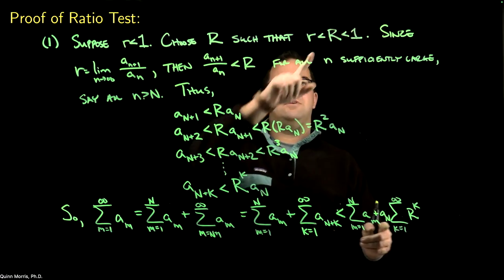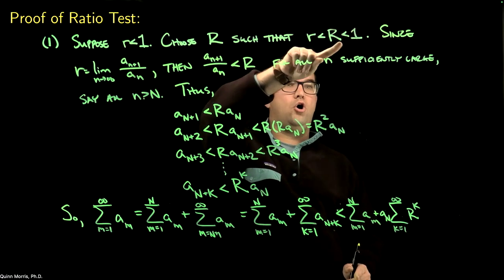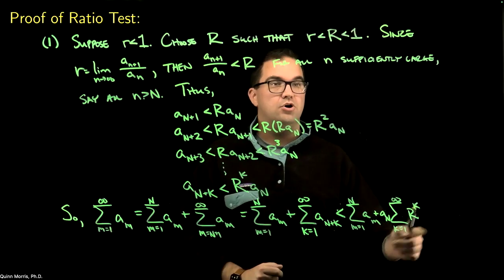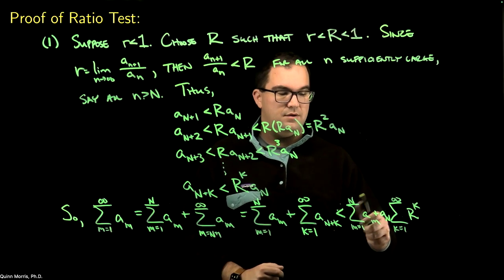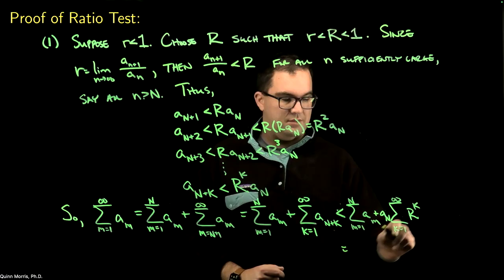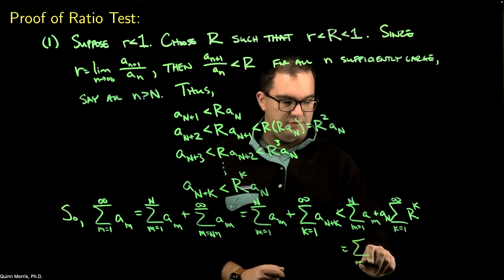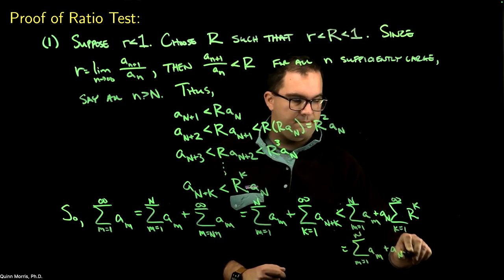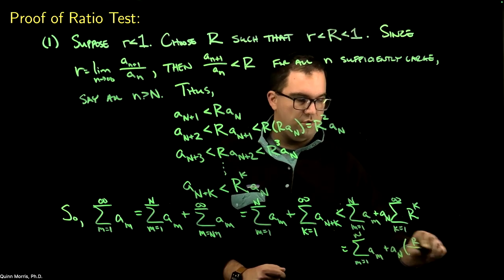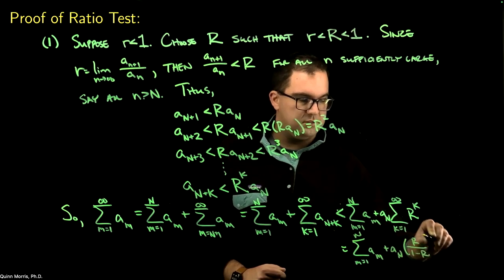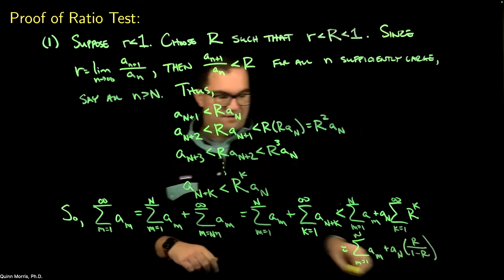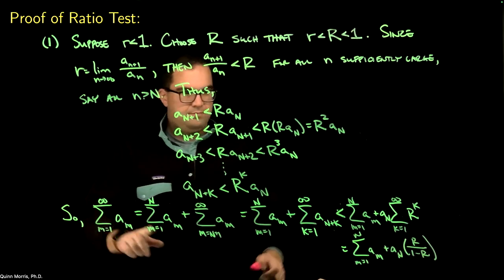And because I have assumed that capital R is strictly less than 1, this geometric series converges. In fact, if I just leave the first term alone, this will converge to r over 1 minus r.